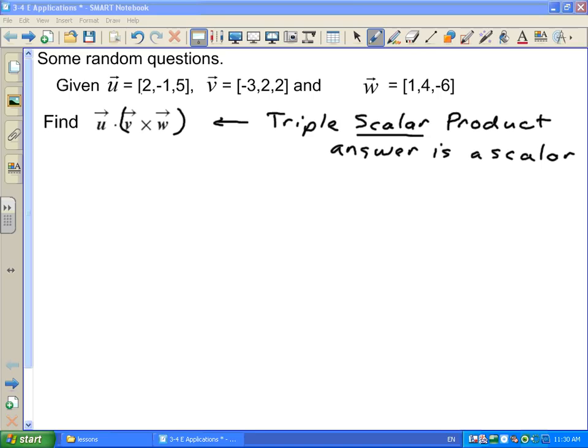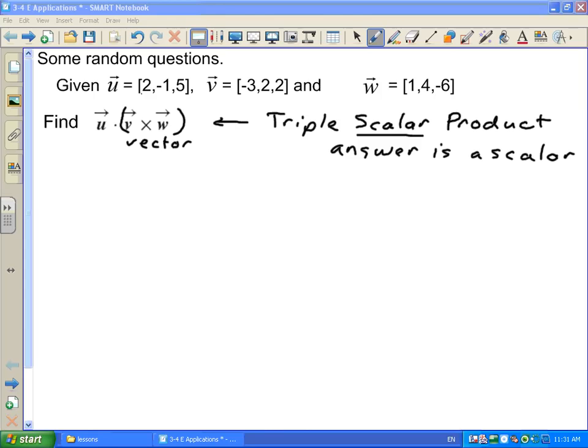You can then do the dot product of that resulting vector and vector u, and that gives us a scalar at the end. If you try to do the dot product first, u dot v, because the dot product gives you a scalar, you would then have to do the cross product of a scalar and a vector, which is impossible because you need two vectors to do the cross product. So this is the triple scalar product because it gives us a scalar.